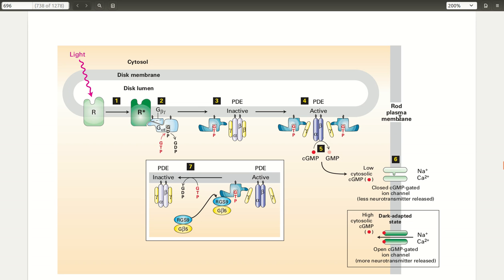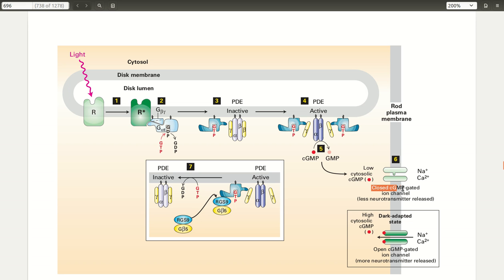And because there's these calcium channels in the rod cell, which are basically opened by high amounts of cyclic GMP, once this PDE is catalyzing the cGMP to GMP, since there's now less cGMP in the cell, the cGMPs that are bound to the channel will dissociate, and you will have now a closed ion channel.